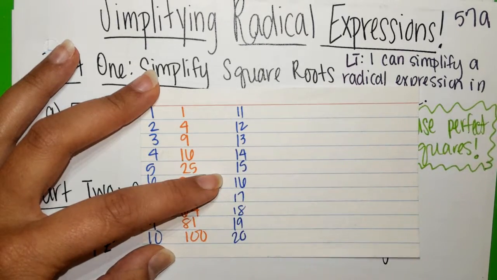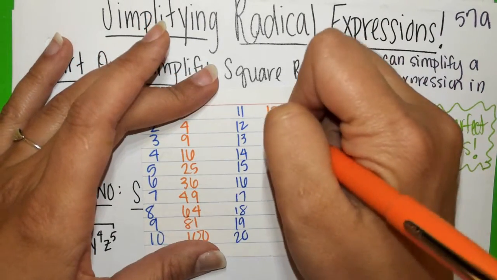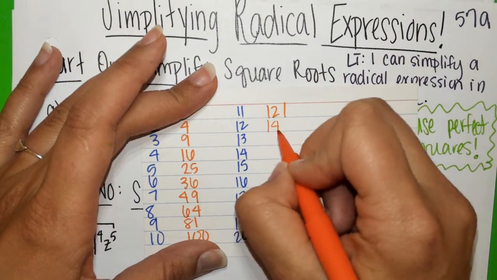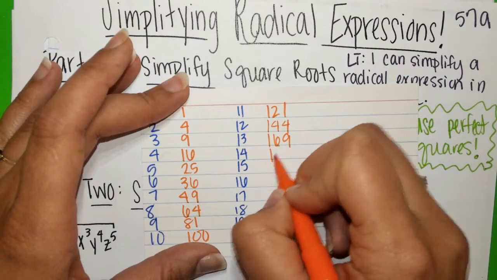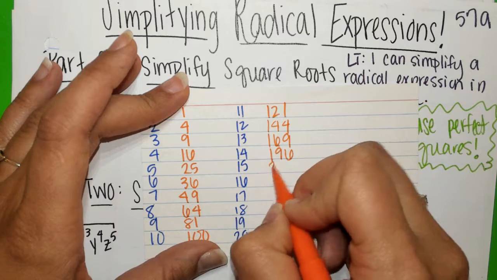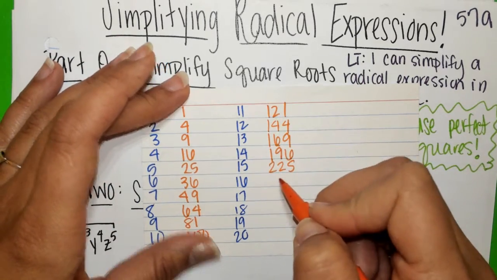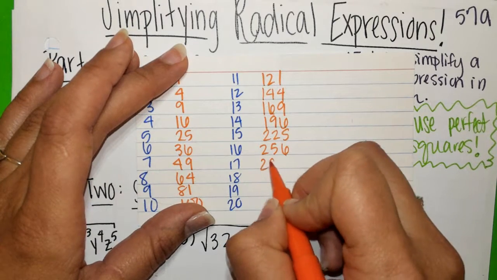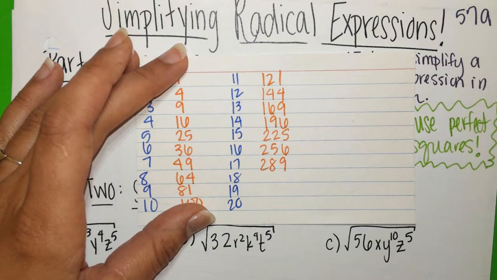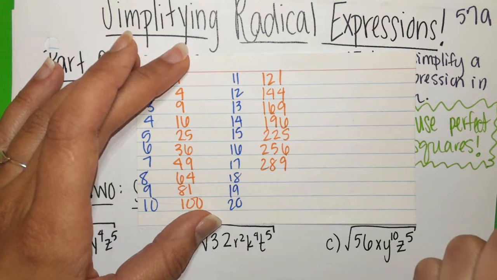You'll probably still need this, just to let you know. Alright, what's 11 squared? 12 squared. 13 squared. 14 squared. 15 squared. 16 squared. What's 17 squared? 289. 18 squared is 324.